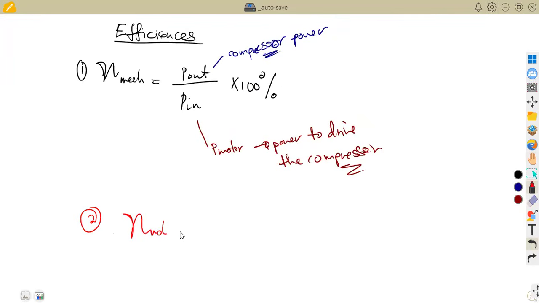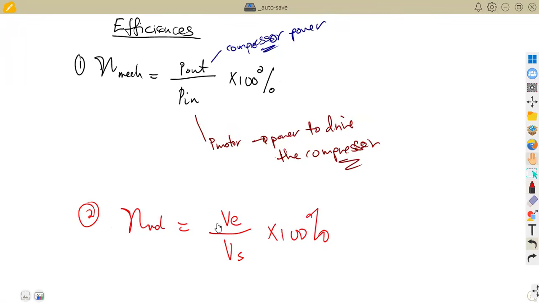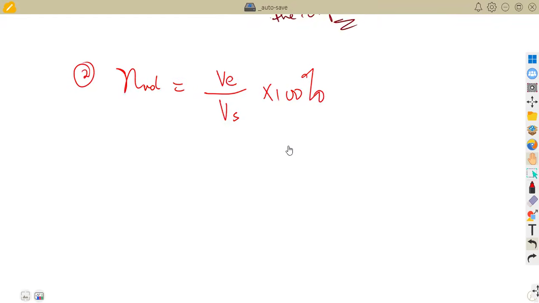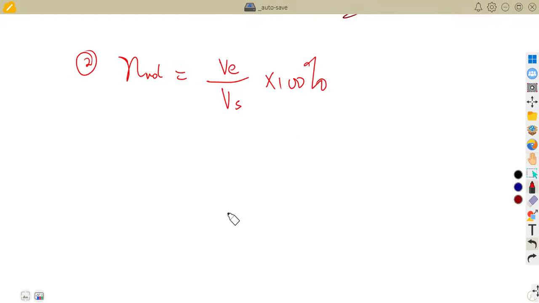That is the effective volume over the swept volume times 100%. There is actually a video where I explained much on this one, so it'll be best that you watch that one, because this formula can be extended, but for the meantime, we are dealing with this.